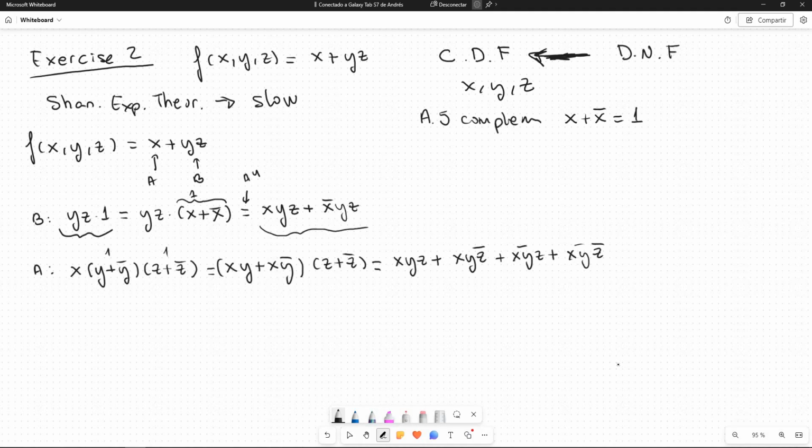Yes, we have gone from just one product term, that was the X, to 4 minterms. But I don't care, because we are looking for the canonical disjunctive form. So if I substitute the new two expressions here, we have the following.